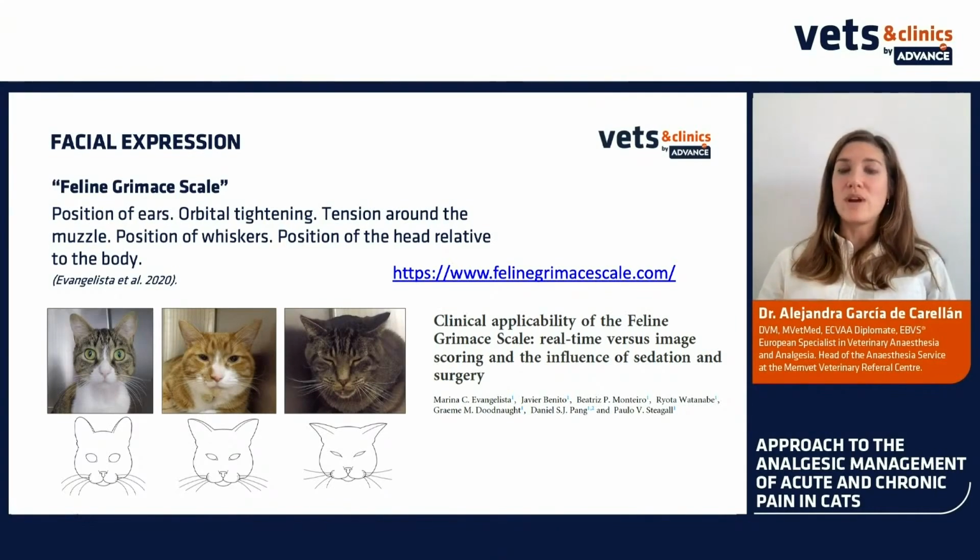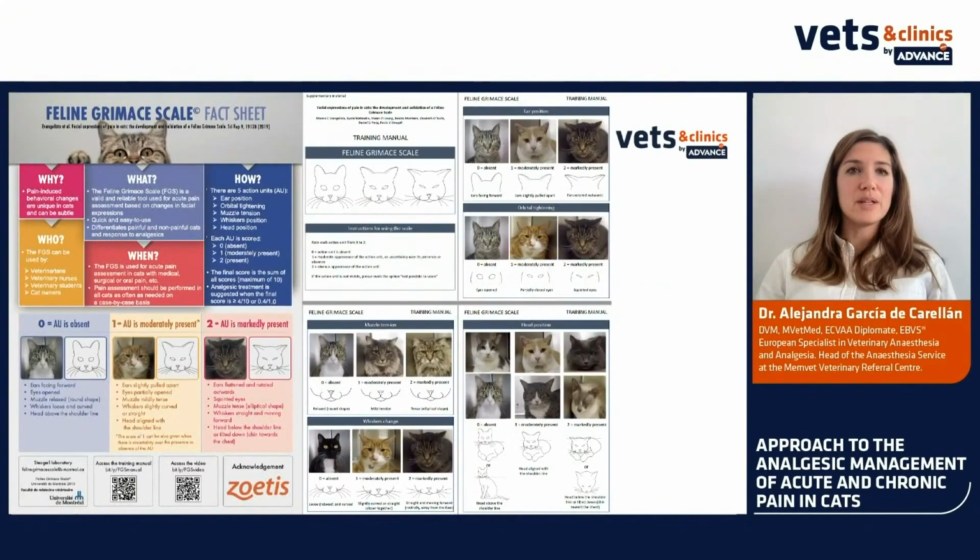You can find a lot of information on this website. If you click, you will find the training sheet for the Feline Grimace Scale. You can download it from the internet for free, and there is training on how to assess it with images and everything. I think it's really useful.